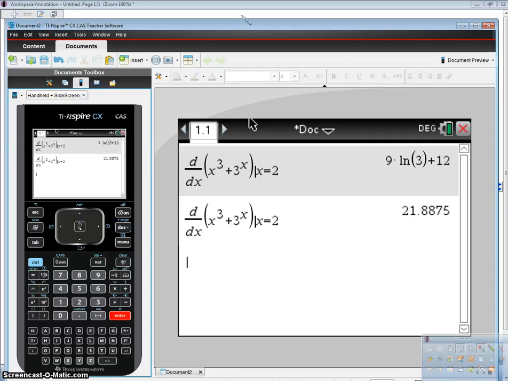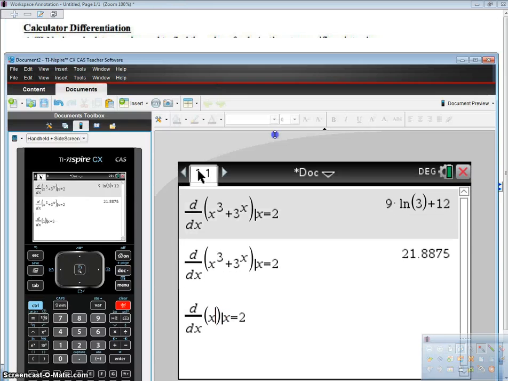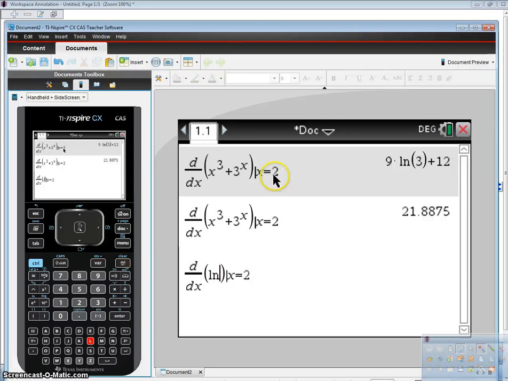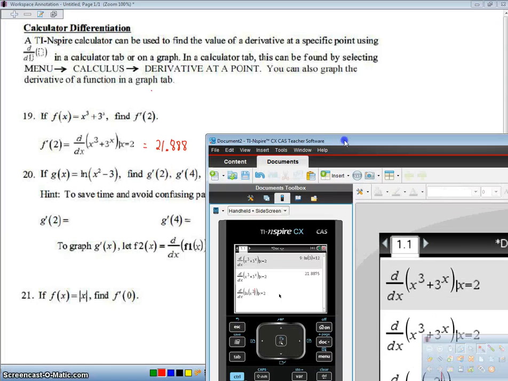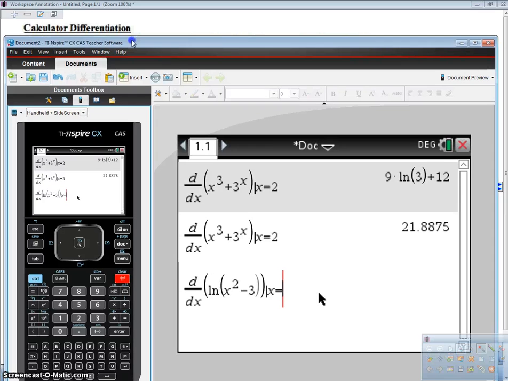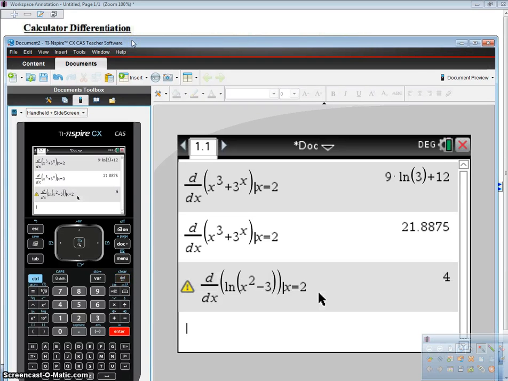All right, so we're gonna do our command again, and what's nice is we can just go up, click enter, then go across, change our function, and our function was ln of x squared minus 3, and we keep scrolling over, and we're evaluating at x equals 2. When we enter, we get 4.